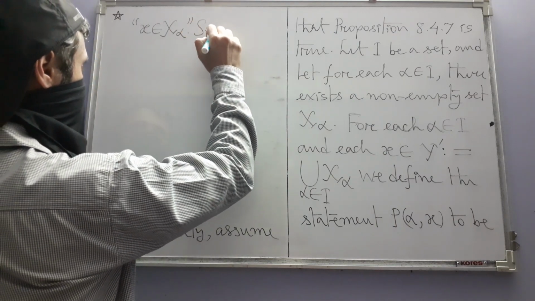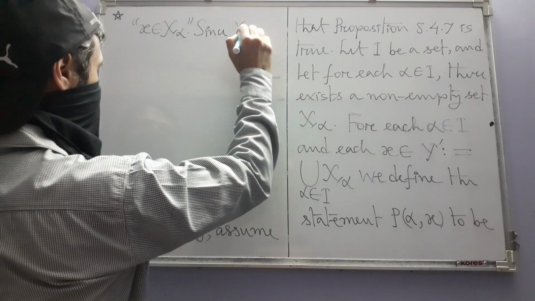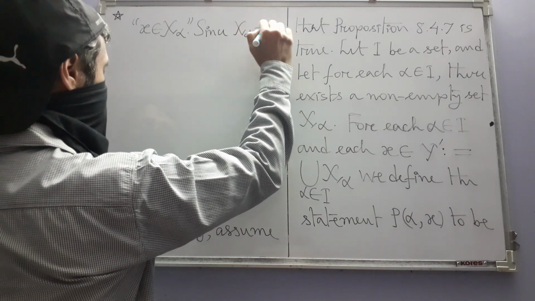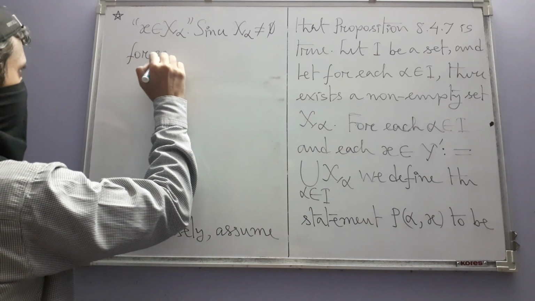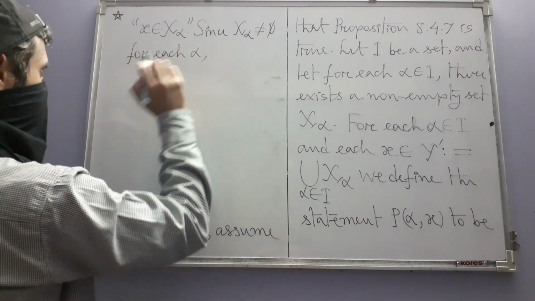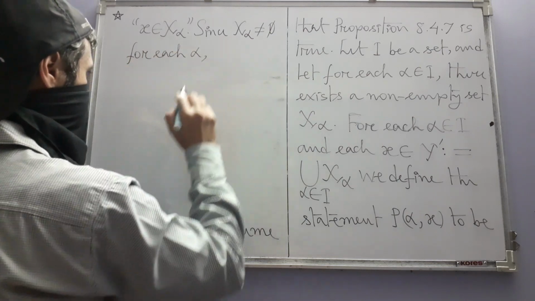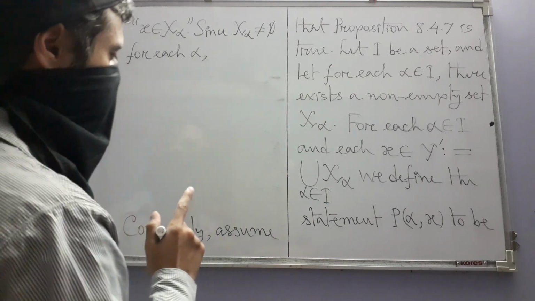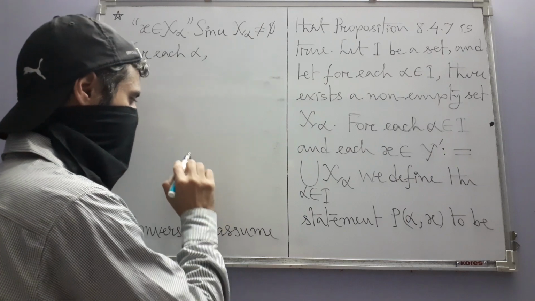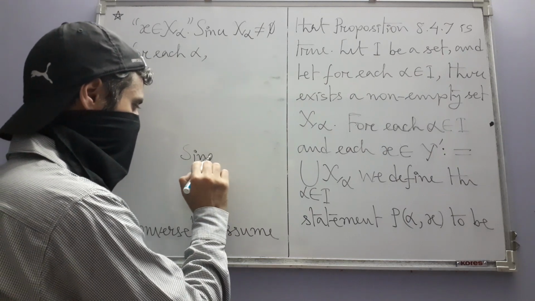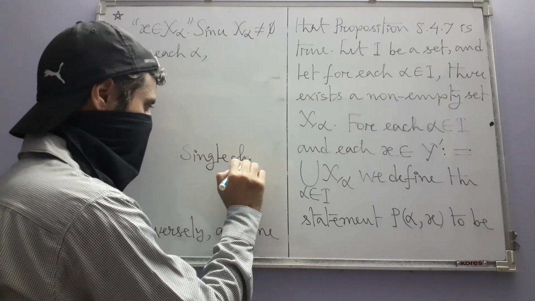Since X alpha is non-empty for each alpha, it is that place where, do you remember, we encountered one result called single choice.